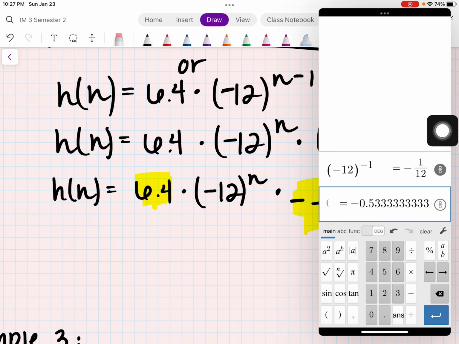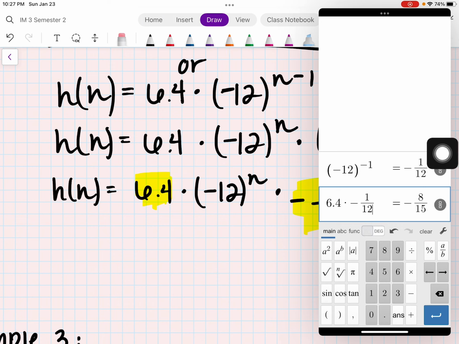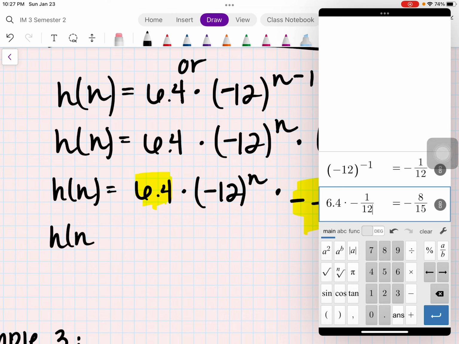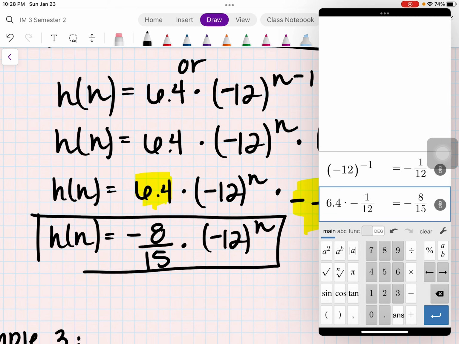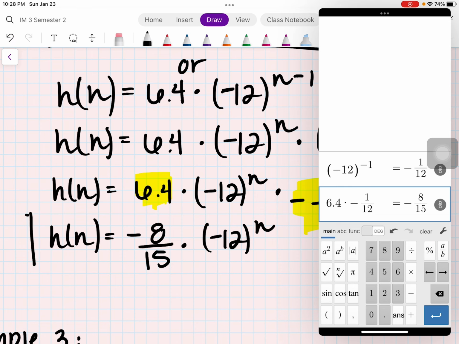But I'm going to keep the fraction because our decimal is non-ending. So in this case, I could do h of n equal to negative 8 over 15 times negative 12 to the n power. So it could also be this one here.